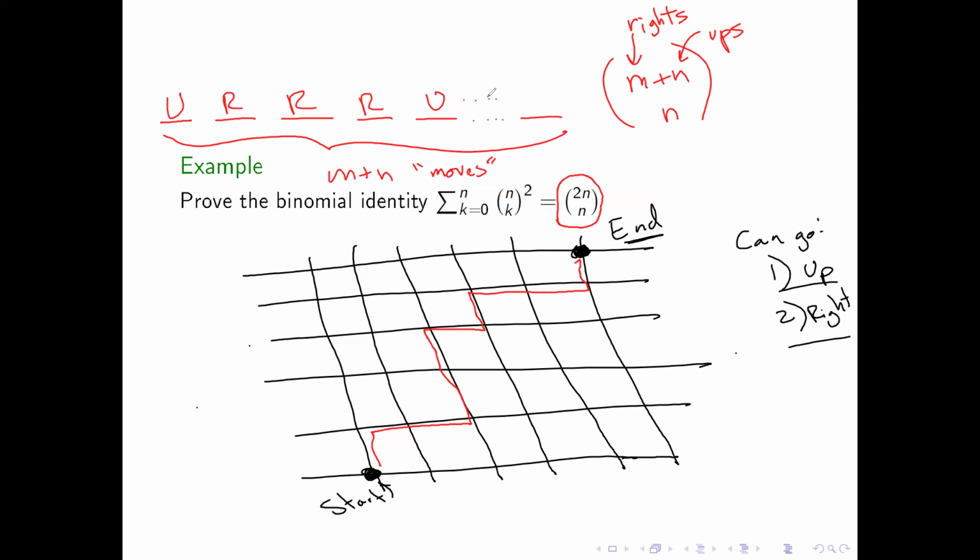Yes. Okay, then what on earth could the left-hand side be counting? Why has it got a square? We're not counting area, we're counting number of ways to walk.